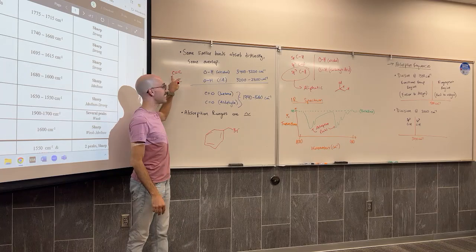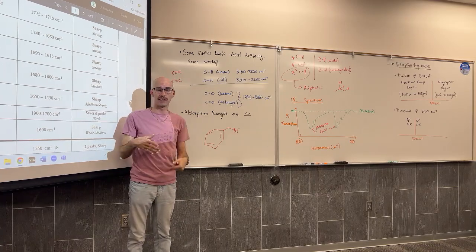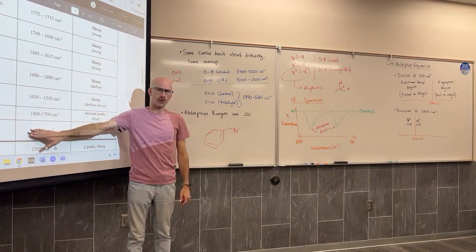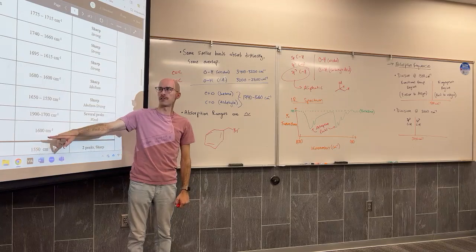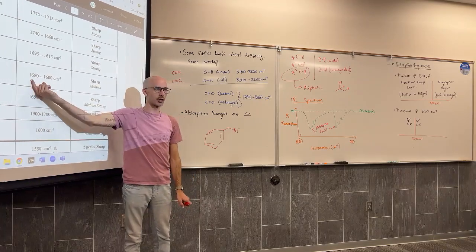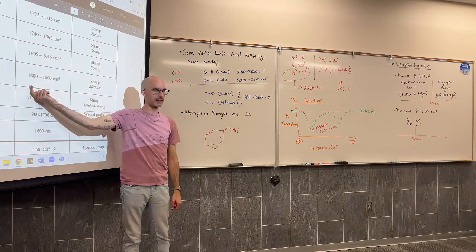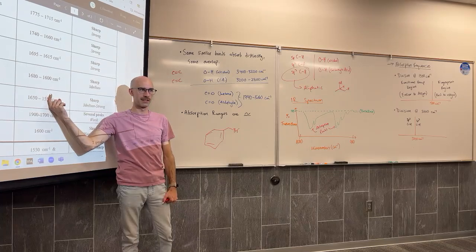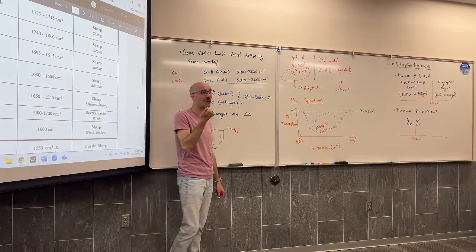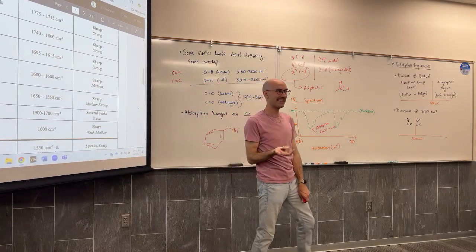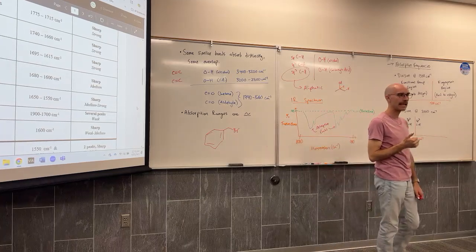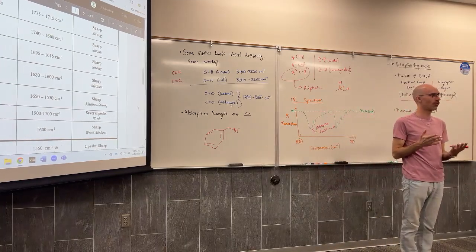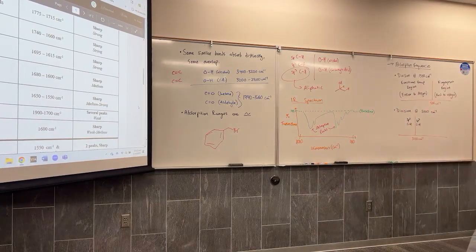Except that these actually have more in common. Aromatic rings are almost always right near 1600. Alkenes have a larger range that they absorb in, including 1600. So if a molecule has both an aromatic ring and an alkene, it can be challenging to know which or both you have.